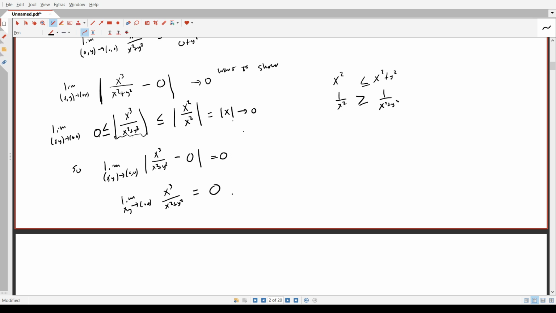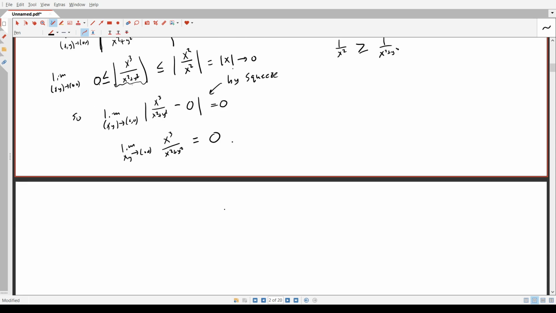So this is by the squeeze theorem, right? Because this term gets squeezed between 0 and 0, so it also has to be 0. Okay.